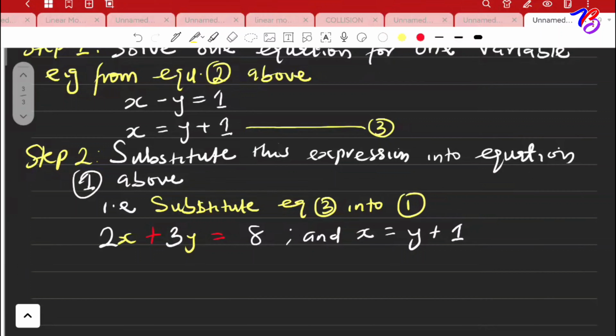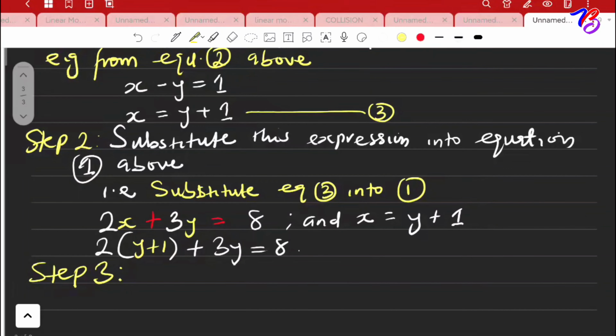So we substitute. That's what it means, replace. So 2 into y plus 1 plus 3y is equal to 8. So let's open this bracket.